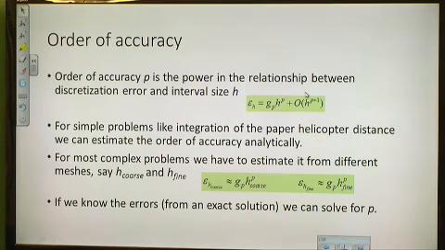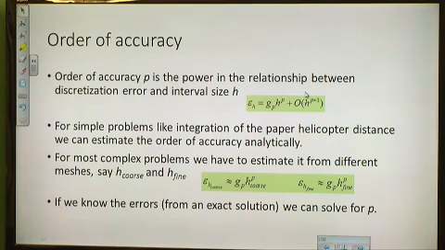So we basically say the error is proportional, the proportionality constant being g sub p, to h to the power of p, plus extra terms of the order of p plus 1.